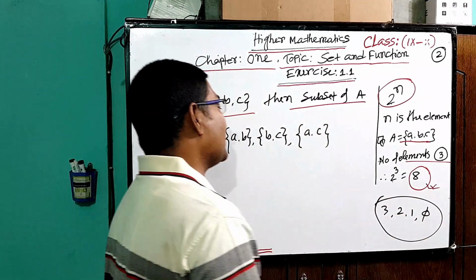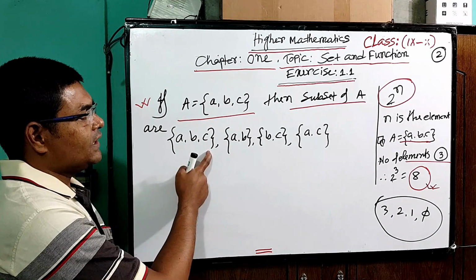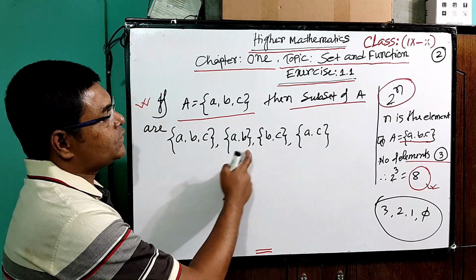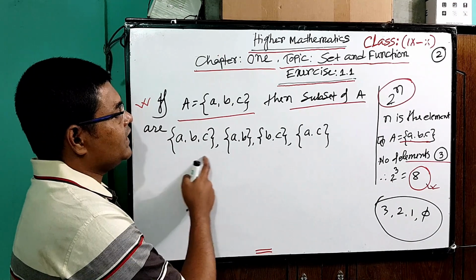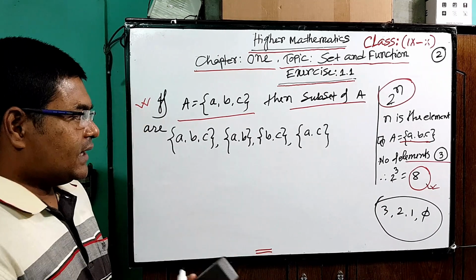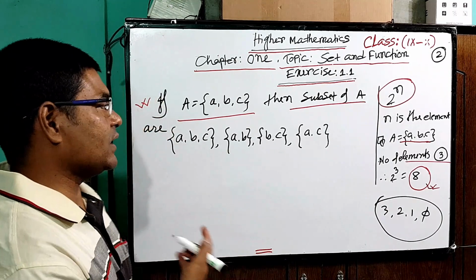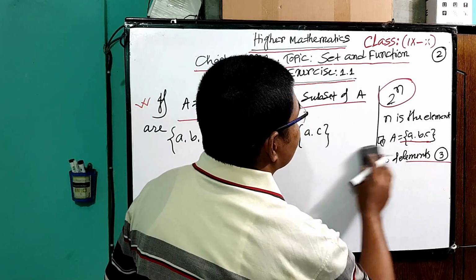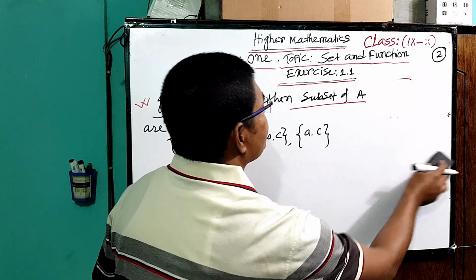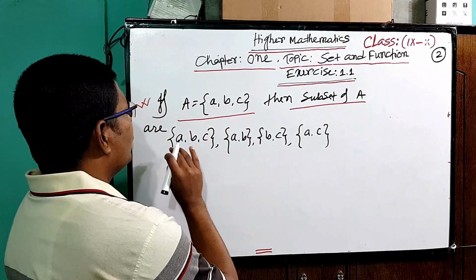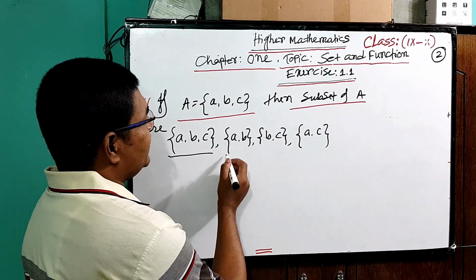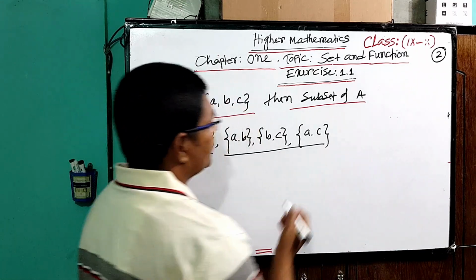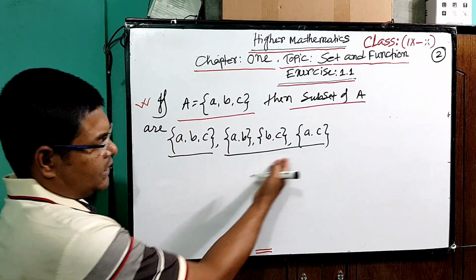When 3 and 2 are completed, then it will come 1 by 1. We've taken 3, then 2, then 1 by 1.